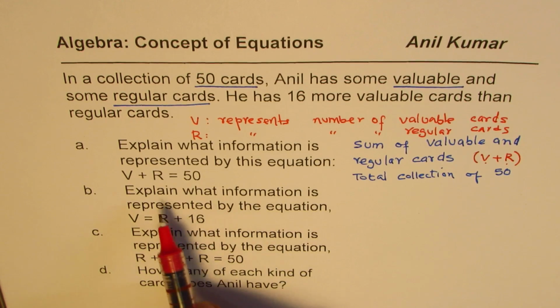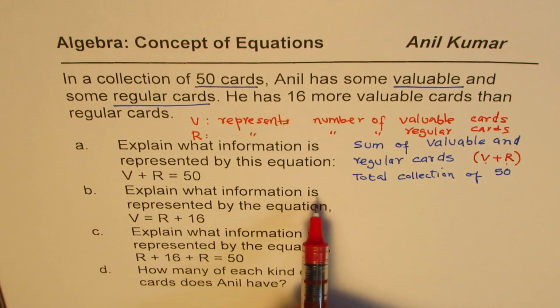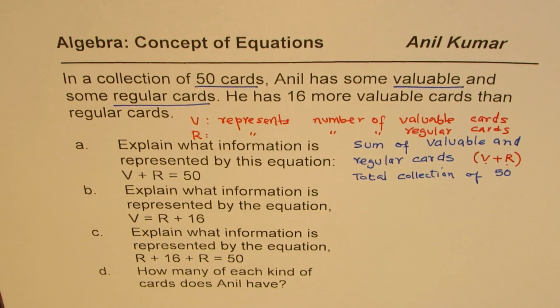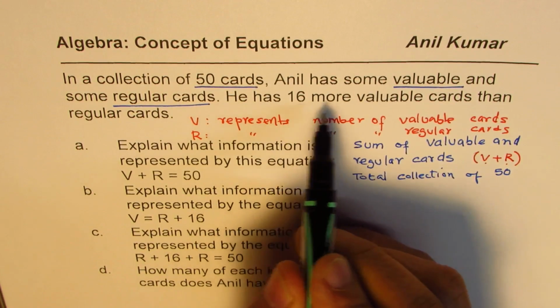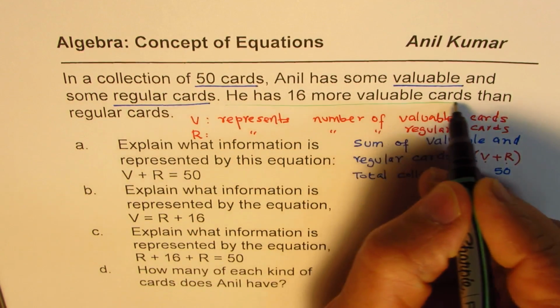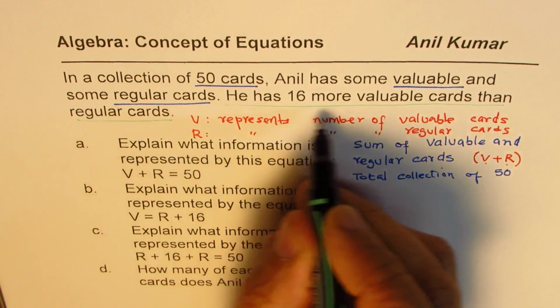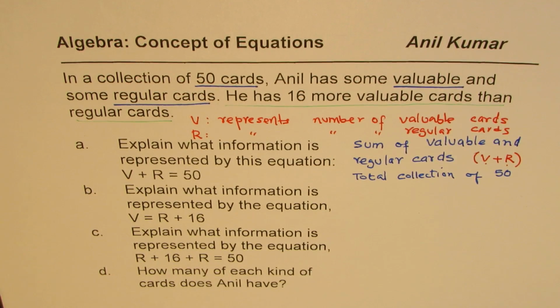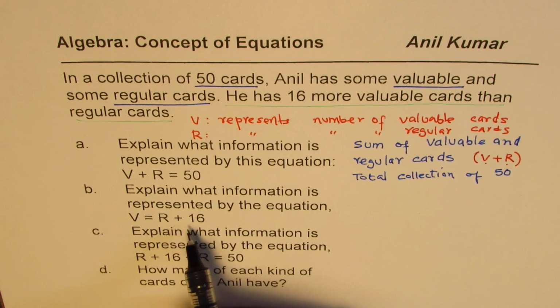Part B is, explain what information is represented by the equation V equals R plus 16. Now let's look into the second sentence, which says he has 16 more valuable cards than regular cards. So this statement, 16 more valuable cards than regular cards, is represented by this equation, right?